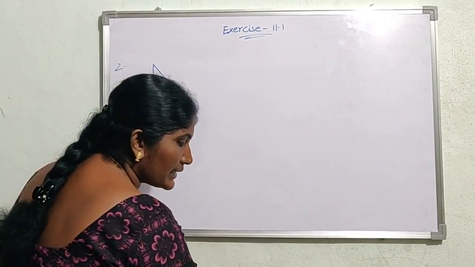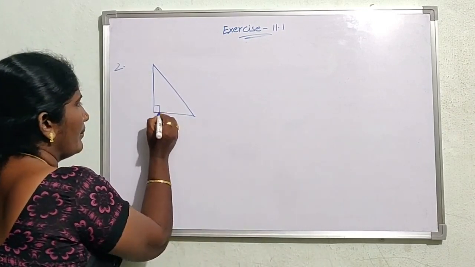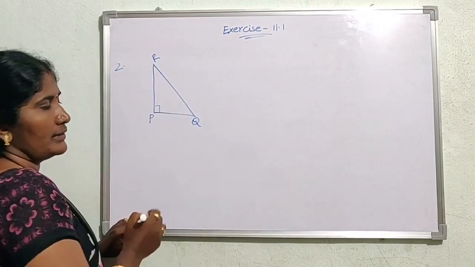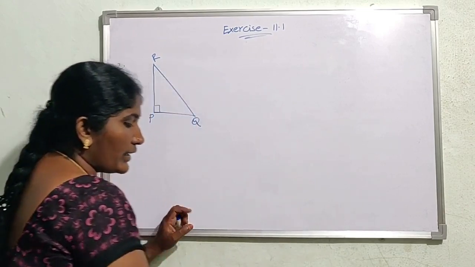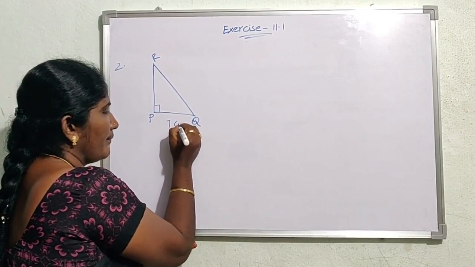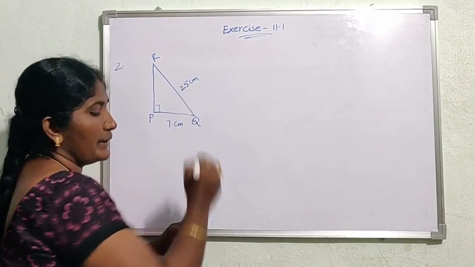Right angle mentioned at P. So P, Q, R. Right angle present at P. And the sides they gave. QR is 25, PQ is 7 centimeters. QR is 25 centimeters.